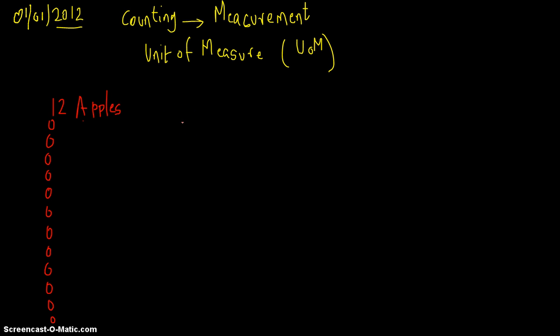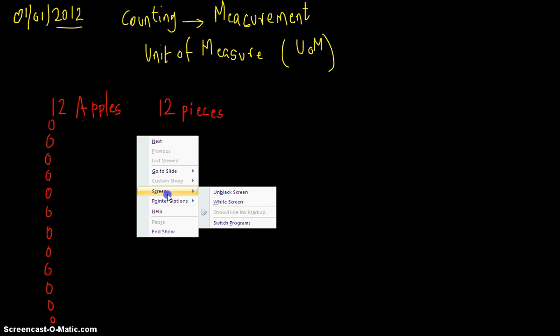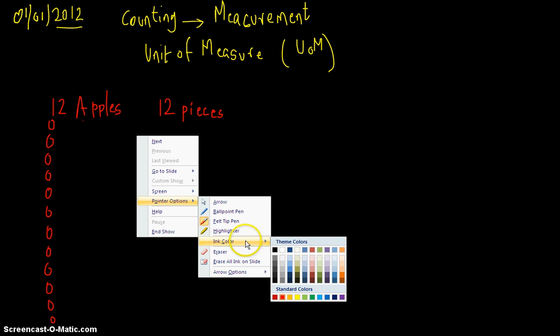If I ask you a question, Aryan, tell me how many apples you have, you will say 12. When you say 12, you're telling me that you have 12 pieces of apples, isn't it?